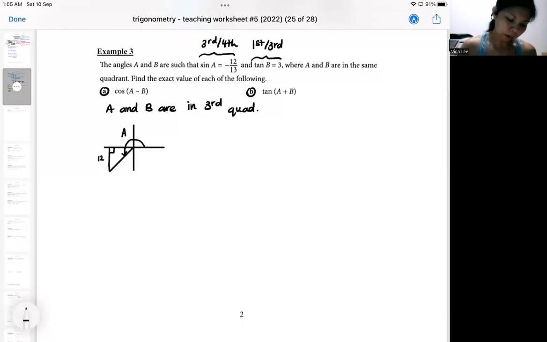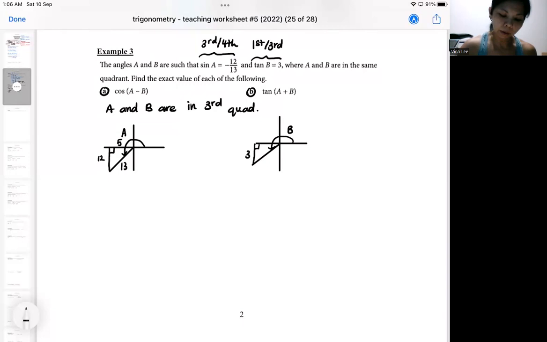So it will be 12 and 13. Do your Pythagoras. So in this case, your Pythagoras will give you a 5. Okay, draw them separately. Do not attempt to draw them in the same diagram. It's going to get very confusing.